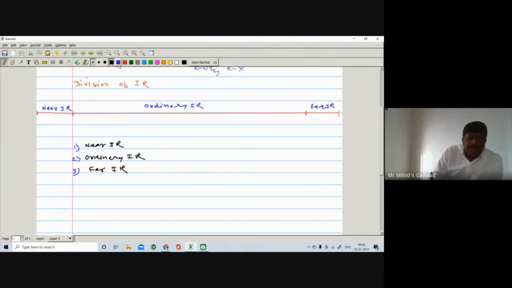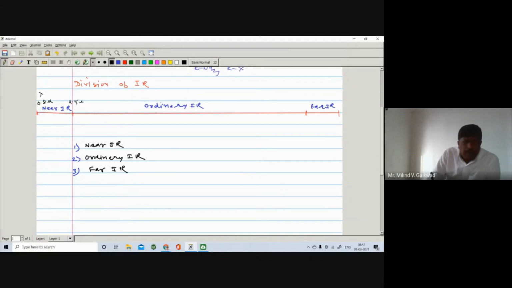If you see the range for this one, the values are in micron and centimeter. The wavelength, lambda, for the near IR is 0.8 to 2.5 micron.